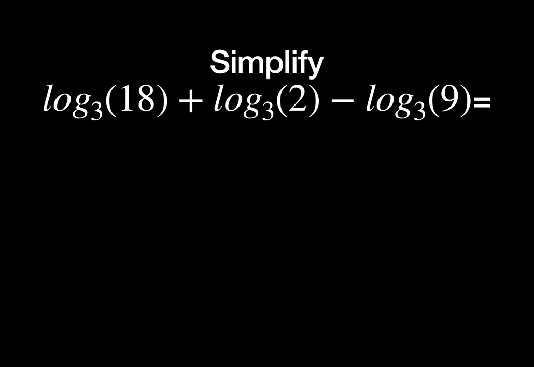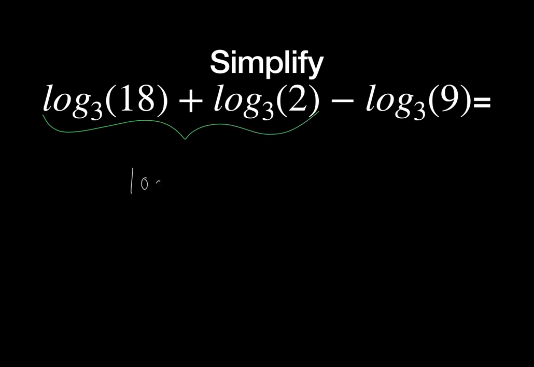Now we're going to simplify. Logarithms are exponents, so we're thinking about what are the properties of logarithms. Logarithms that add can be combined, if they're the same bases, into multiplication. So I'm going to start with these two. Combine them.